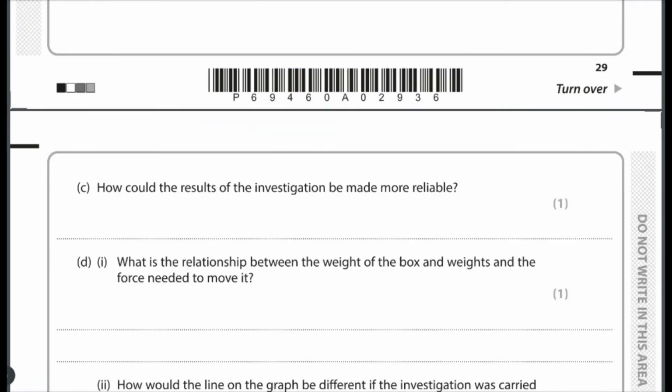Next question: how could the results of the investigation be made more reliable?